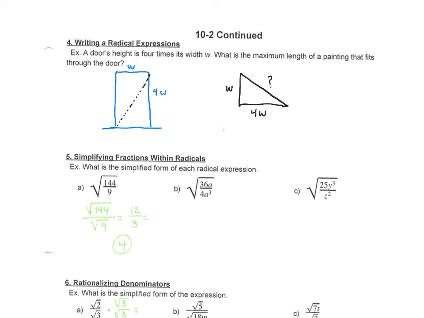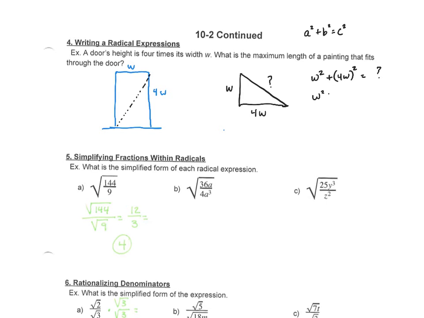And that would be, remember your Pythagorean theorem is a squared plus b squared equals c squared. So I would have w squared plus 4w squared equals some unknown value.